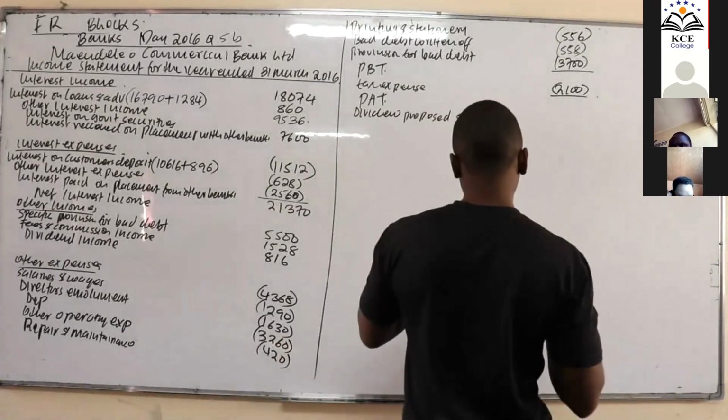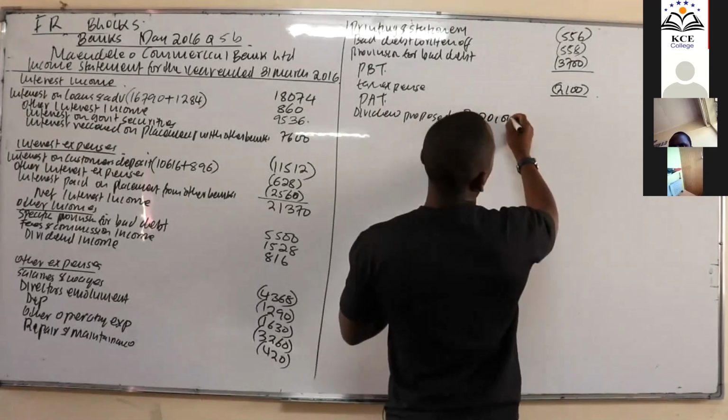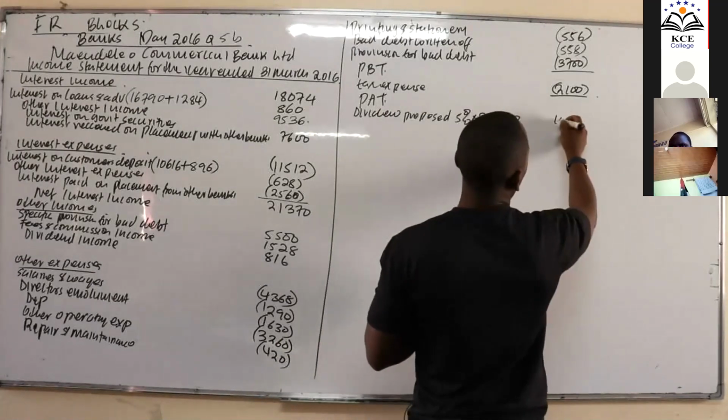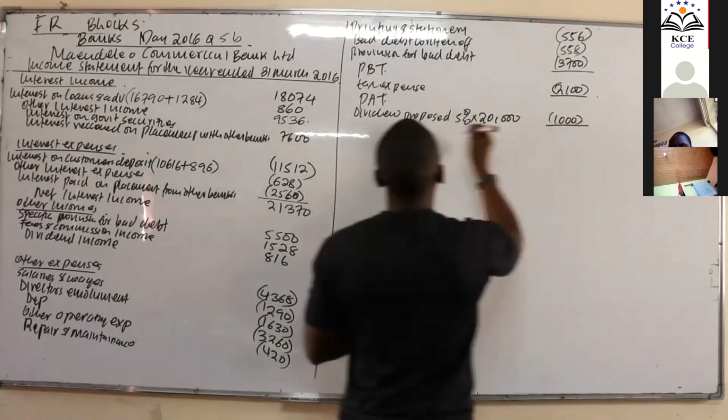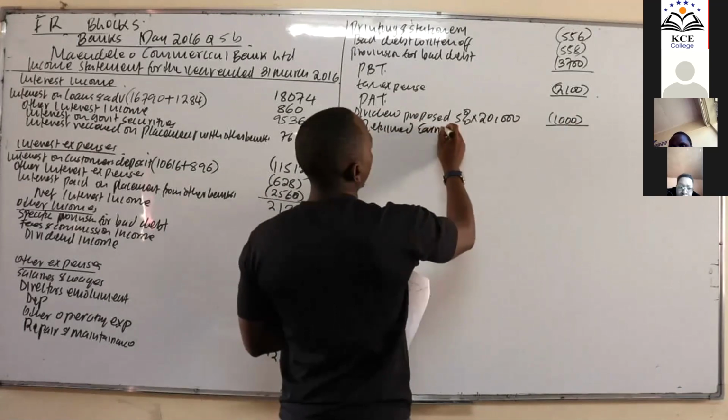Yeah, share capital was 20,000. And 5% of 20,000 is 1,000. So that we get the retained earnings for the year.